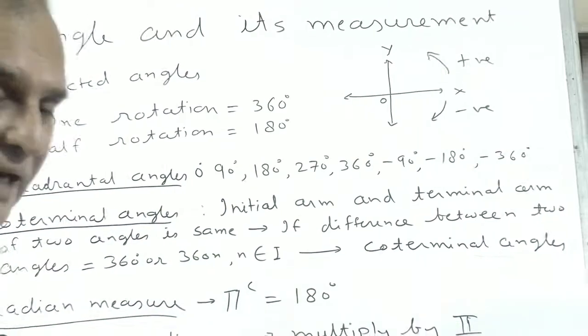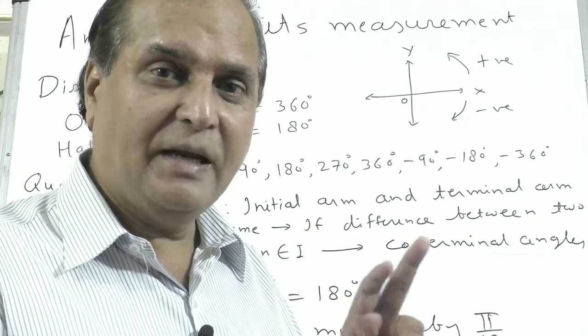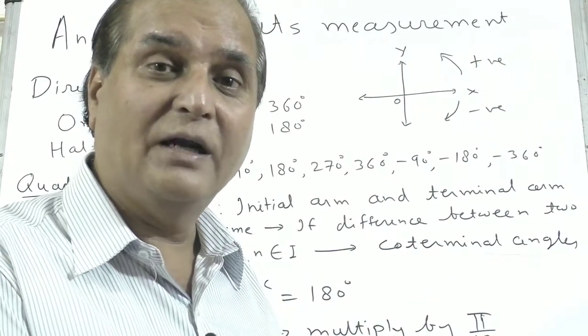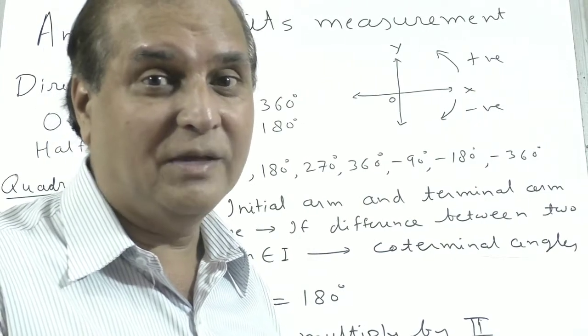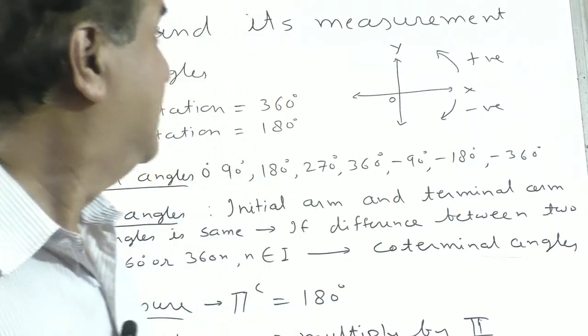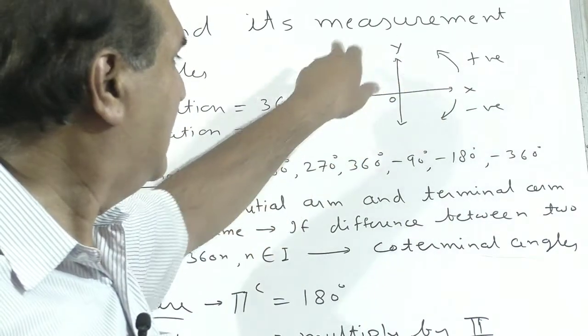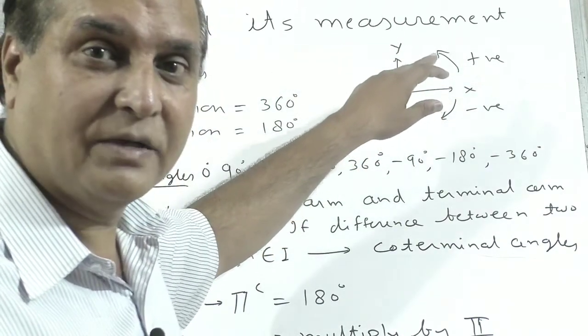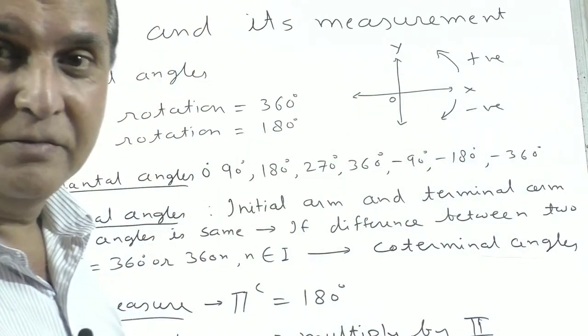Co-terminal angles. If the initial arm and terminal arm of angles coincide, then the angles are called co-terminal angles. See, for example, this is 30 degree. And after completing one rotation, the angle is 390 degree.